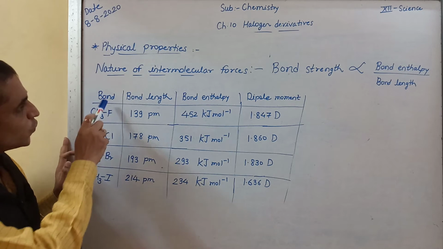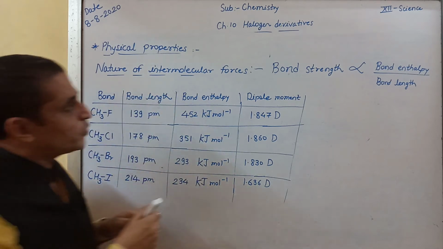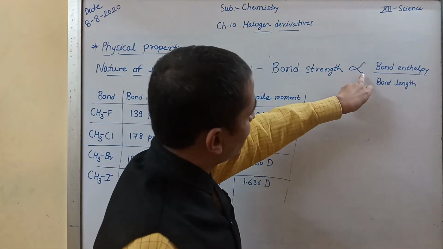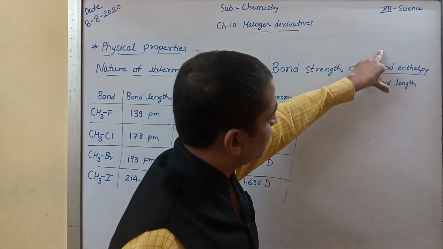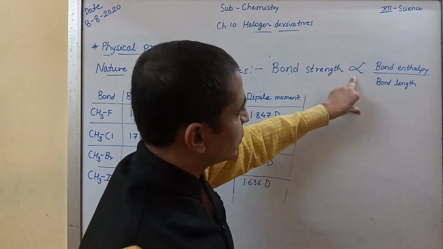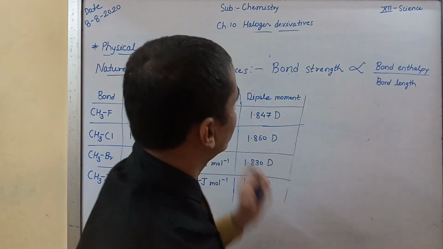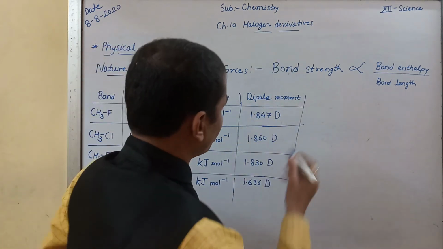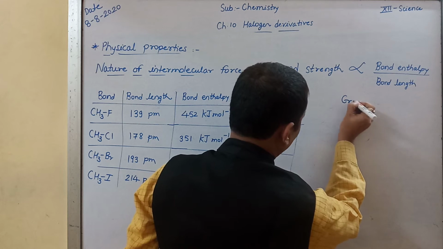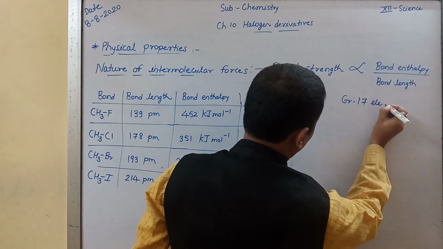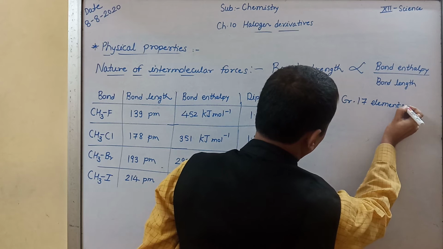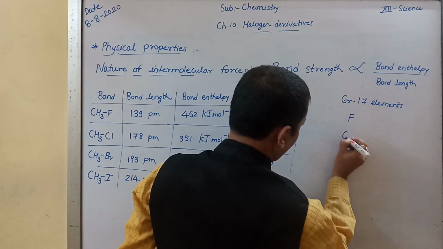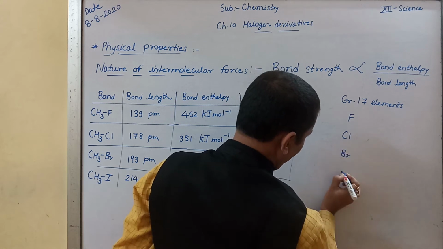Now we are going to study this table in detail. But before that, remember this relation: bond strength is directly proportional to bond enthalpy and bond strength is inversely proportional to bond length. Now come to group number 17 elements. Group 17 elements denote halogens like fluorine, chlorine, bromine and iodine.